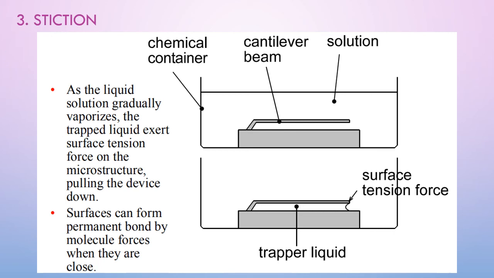Due to the trapped liquid below the cantilever beam area, it makes surface tension force, and can form a permanent bond by molecular force when they are close. So this causes the sticking and friction in this area.